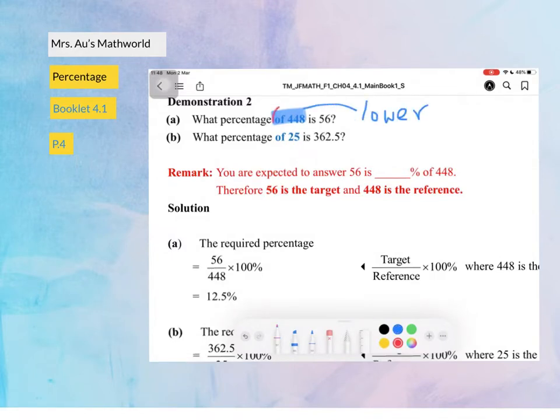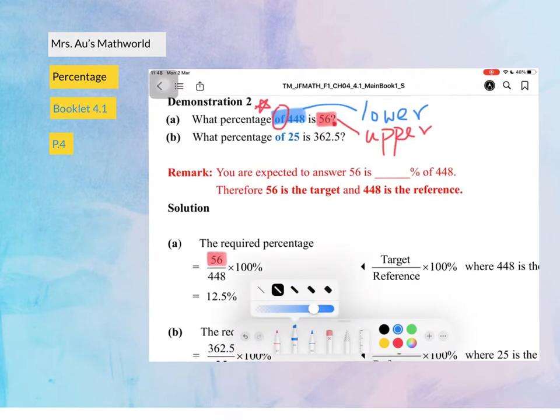For demonstration 2, we will check how to find the percentage by using this kind of English structure. It's saying what percentage of 448 is 56. The word of means lower, so 448 is always the lower part. We see what portion 56 is compared to 448, so 56 is upper, 448 is lower, and percentage means multiply by 100%.